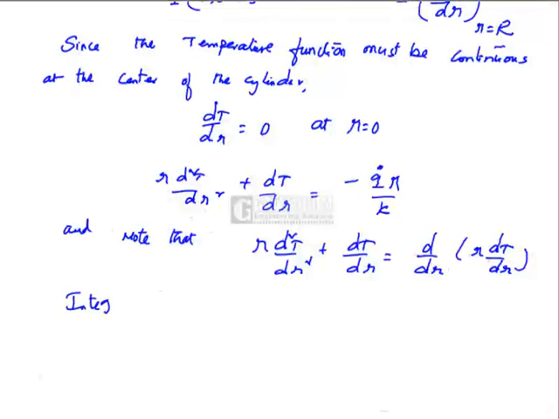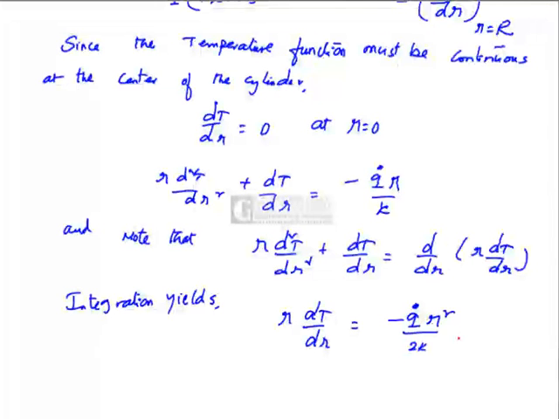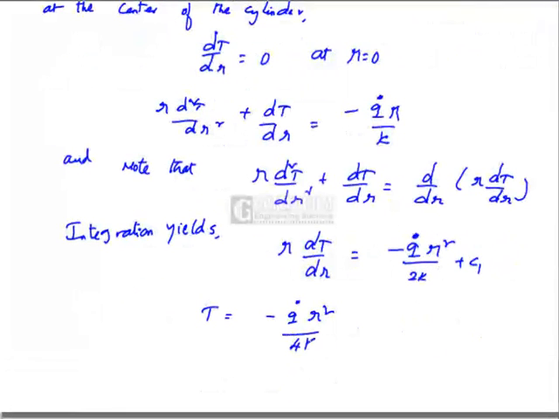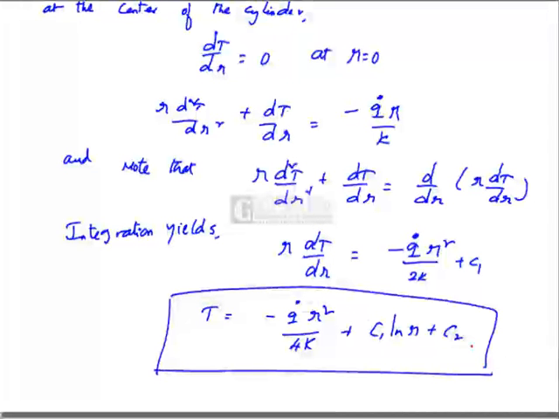Integration yields r dT/dr is equal to minus q dot r² by 2k plus C1, and again integration yields T is equal to C1 log r plus C2. C1 and C2 are constants of integration that are to be obtained from the boundary conditions.